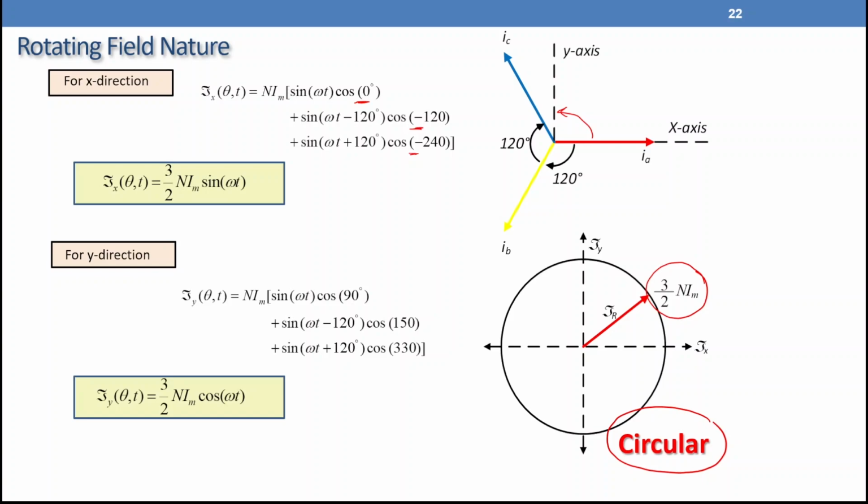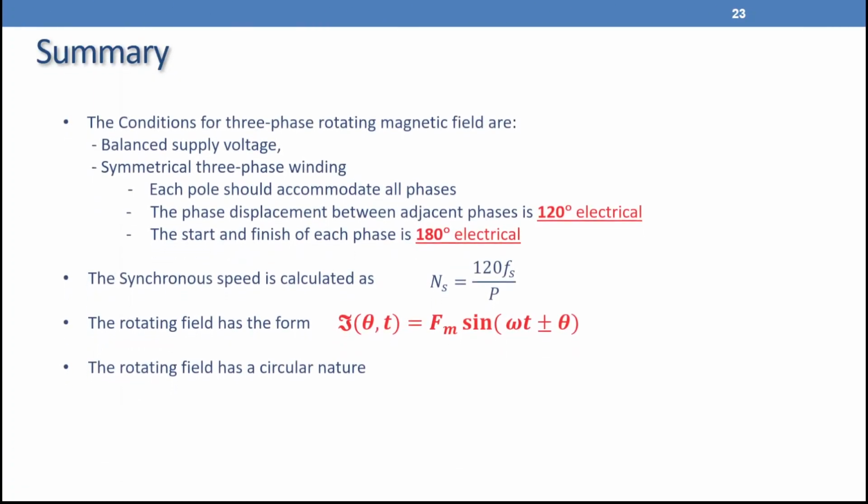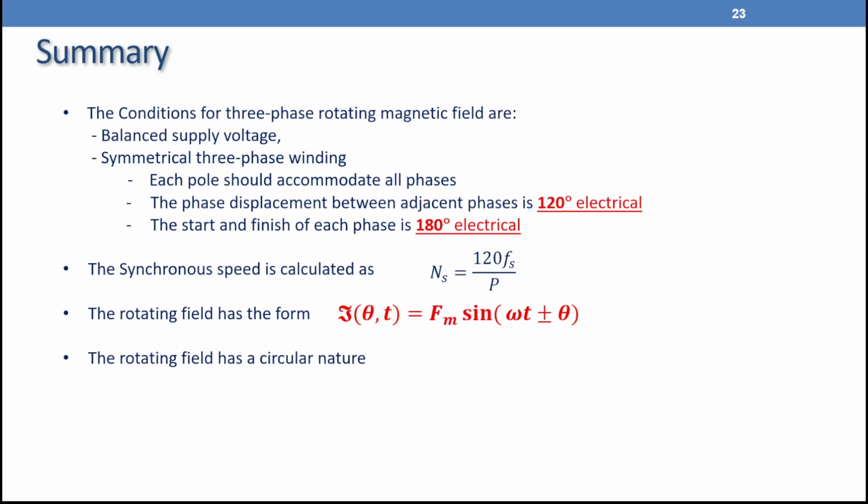And we proved that one before using graphical method. And we proved that one finding the function of the field using analytical method. As a summary for this chapter, we looked for the conditions of the three-phase rotating magnetic field. They are balanced supply voltage, symmetrical three-phase winding with the conditions of constructing three-phase winding.